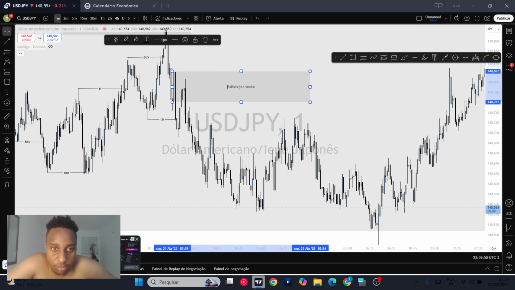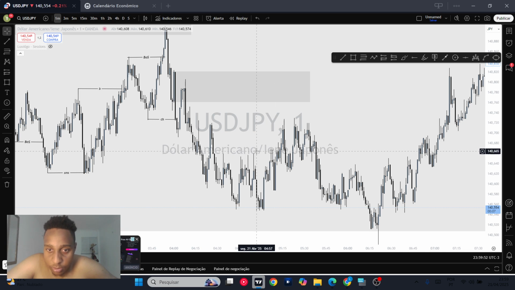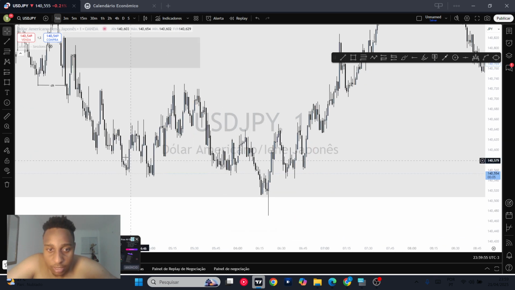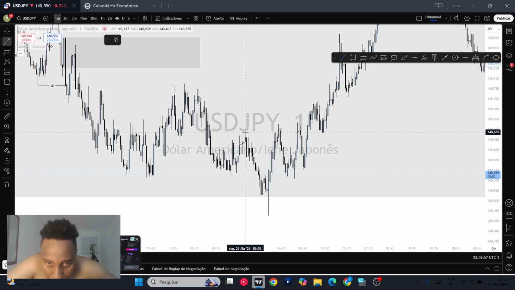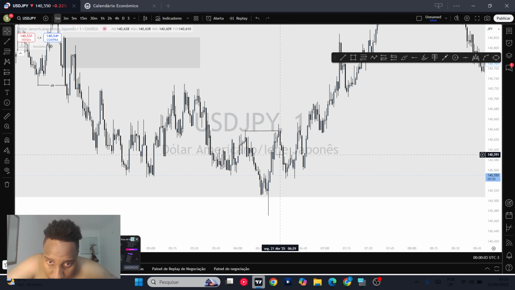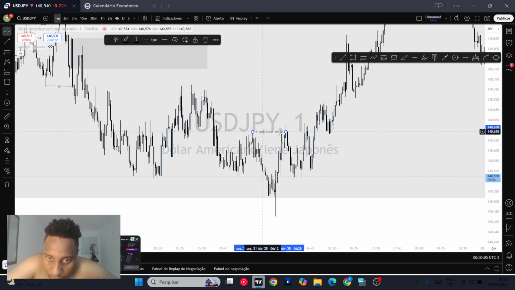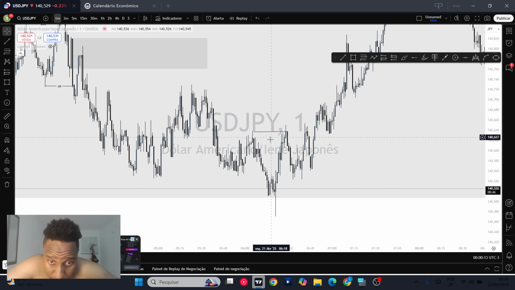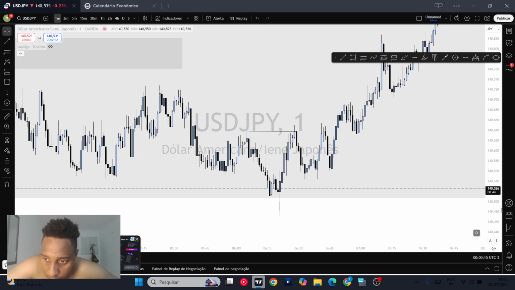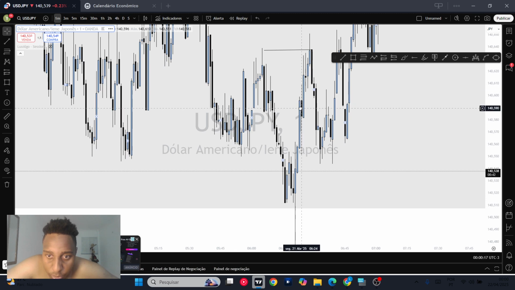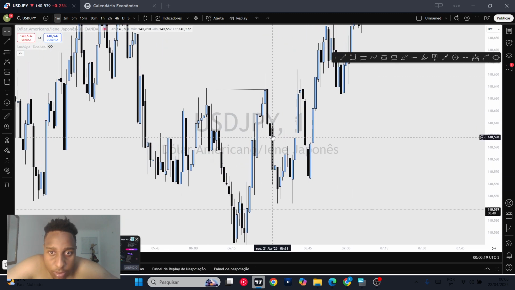So basically, this is our order block in theory, right? And then price went down, and then price made what? A CHoCH. But this was a fake CHoCH.